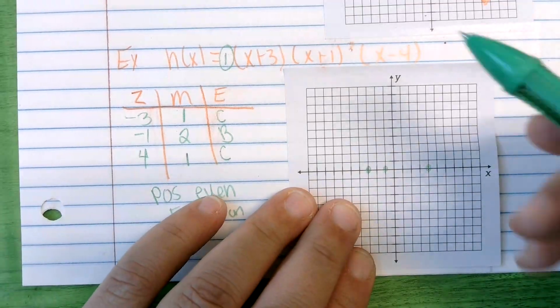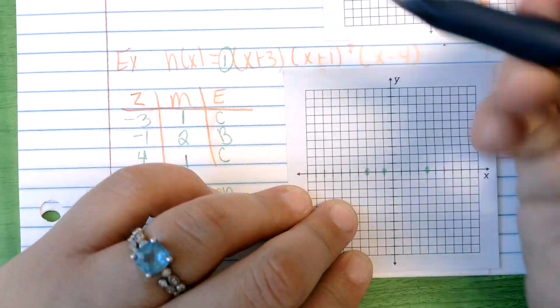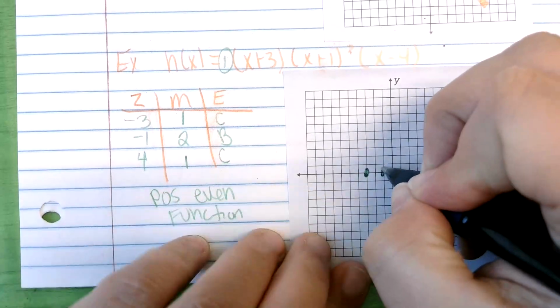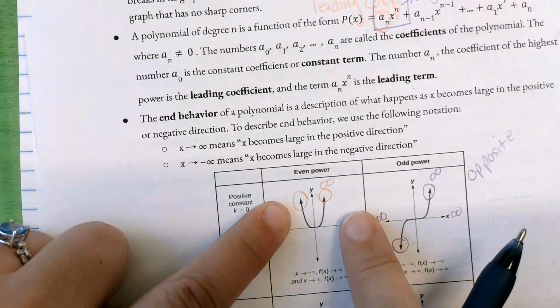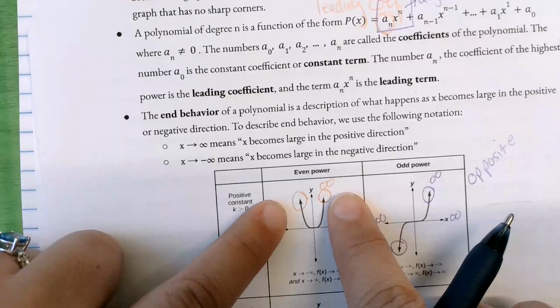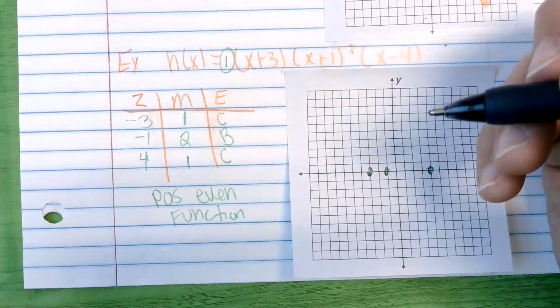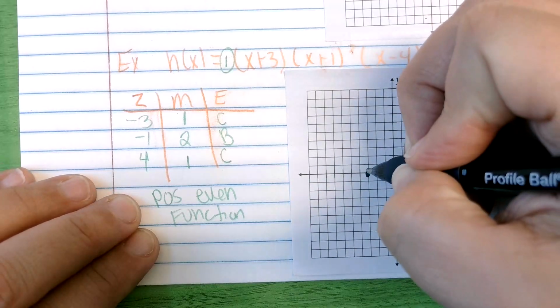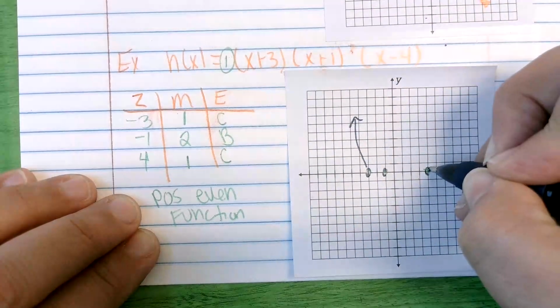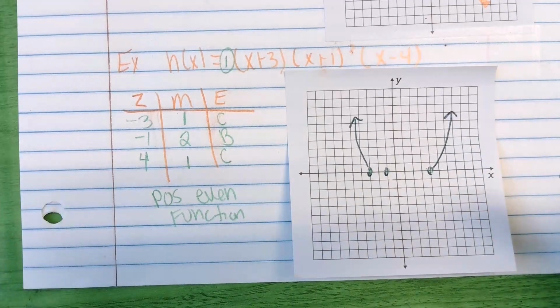From my end behavior, I know that it's positive even. So even, they're going to go the same way. Positive means it's going to positive infinity. So I know that this graph, positive even, is going to go up and up. Okay, they have to go the same direction.